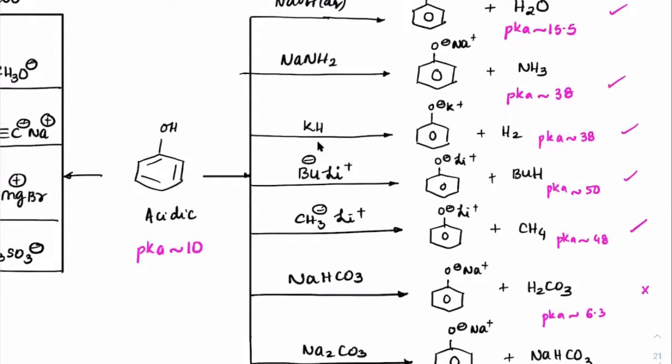Got it? So you have to understand that phenols do not dissolve in sodium bicarbonate. This is one way of understanding. Second thing, phenols do not give the bicarbonate test. The bicarbonate test means when you react with bicarbonate, it gives H2CO3. H2CO3 is nothing but H2O plus CO2. In fact, in aqueous solution, it would always exist in the form of H2O and CO2.